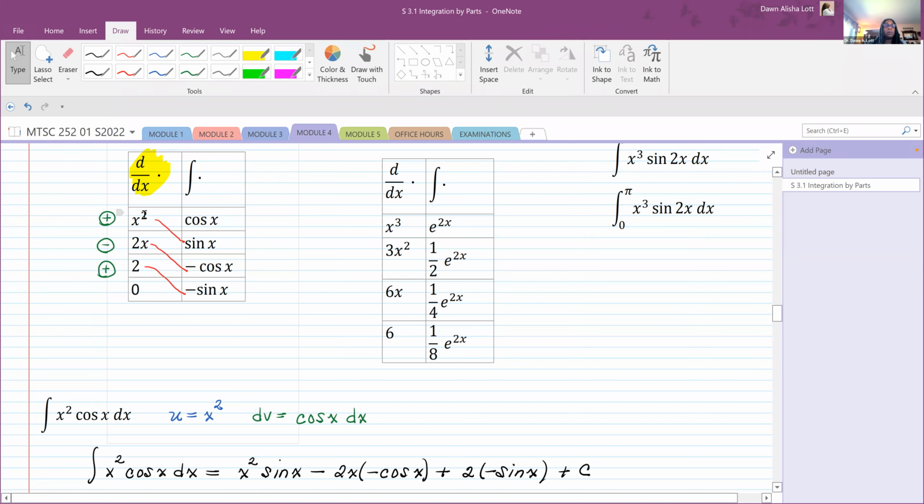Then you cross them. x squared goes to sine x, 2x multiplies by negative cosine x, and 2 multiplies by negative sine x. Then the first product, x squared sine x, has to be positive. The second term, 2x times negative cosine x, has to be negative. And then the last term is going to be positive.